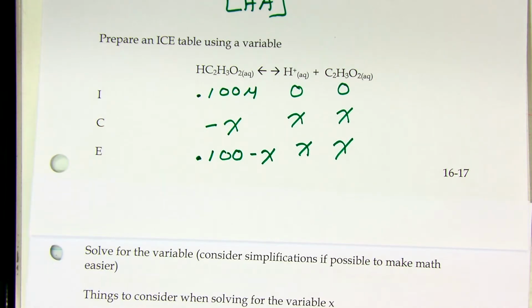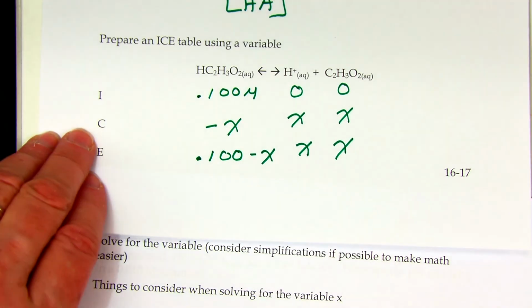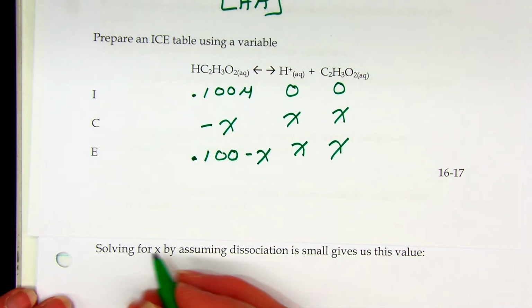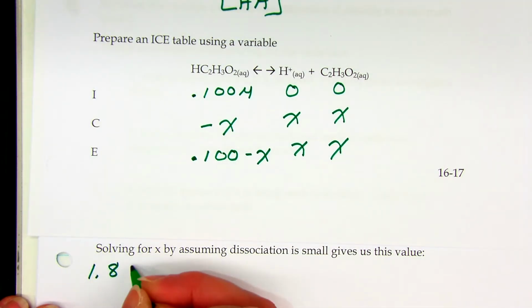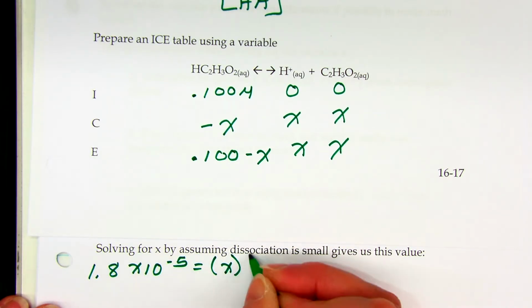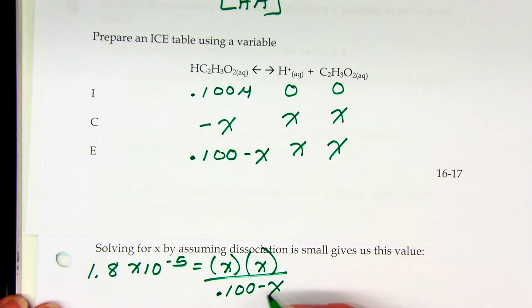So now we go through and solve, and if we do ignore X, always go back and check and make sure that was an okay assumption. So we know Ka, 1.8 times 10 to the negative fifth, is equal to X times X over 0.100 minus X. And we assume X is small, so then 1.8 times 10 to the negative fifth is equal to X squared divided by 0.1 molar.